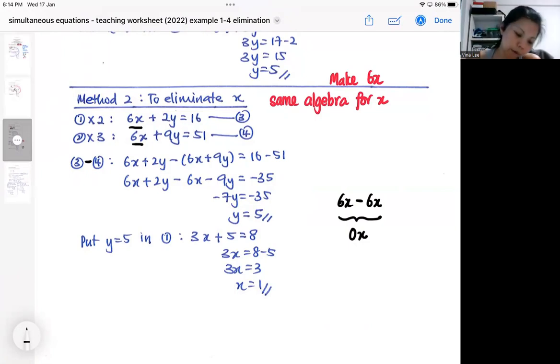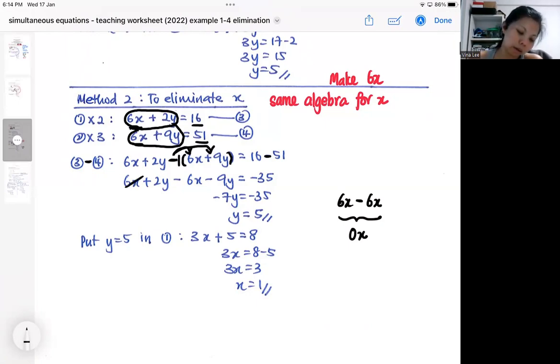But when you subtract, it's still the algebra side subtracting the algebra side. And again, if you are subtracting, please remember the bracket. Then the number side subtracts the number side, because if you have the bracket, that means you have a -1 to multiply in.